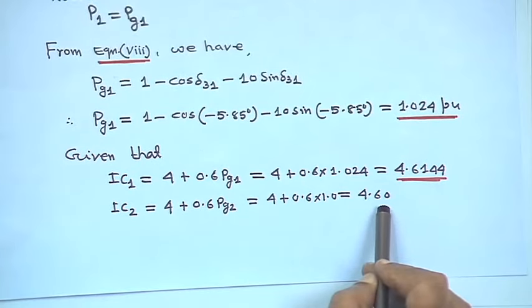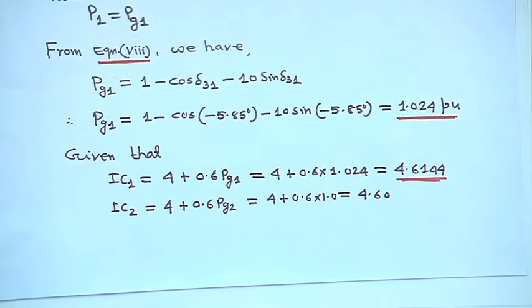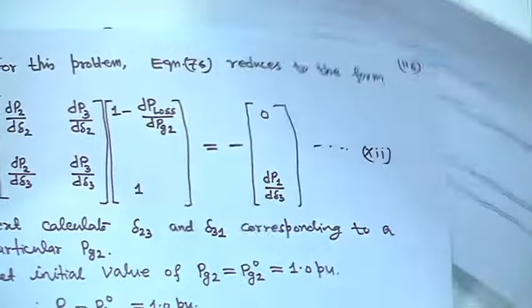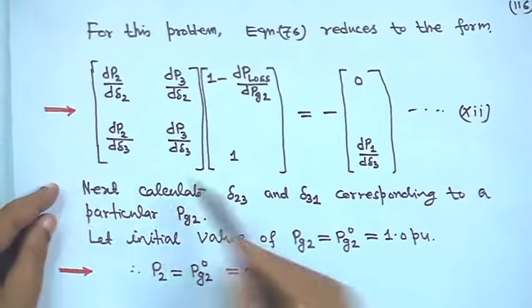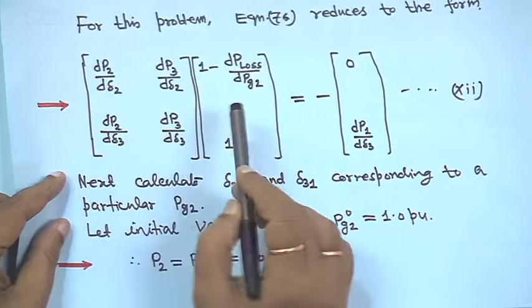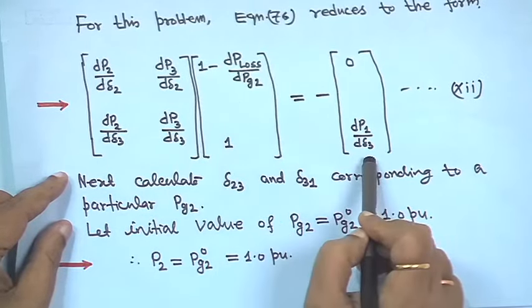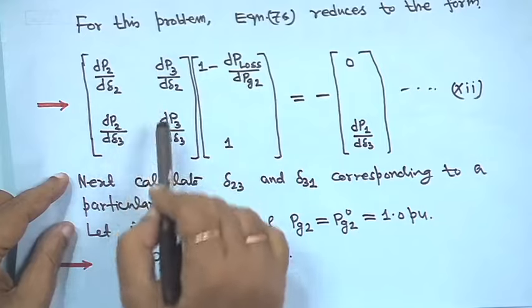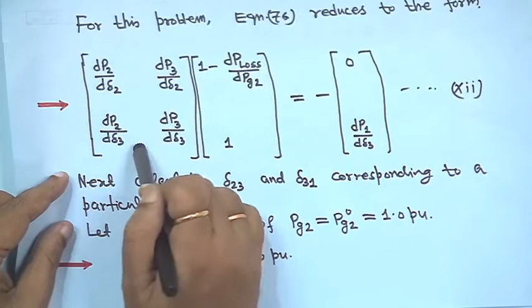Next is solving equation 12, right. As all the delta values we have got, in this expression, that is equation 12, dP1/d delta 3 compute, all these things are there, delta values you have got, you put it, right.